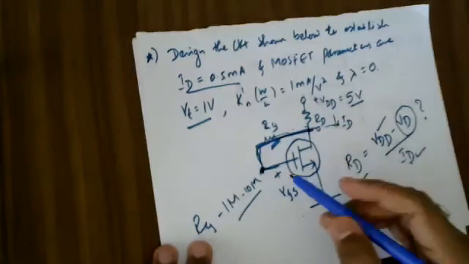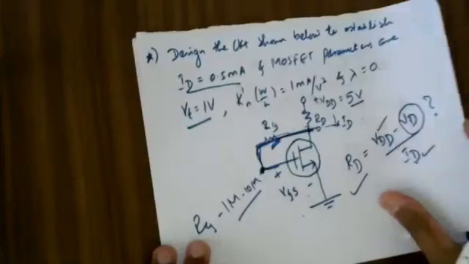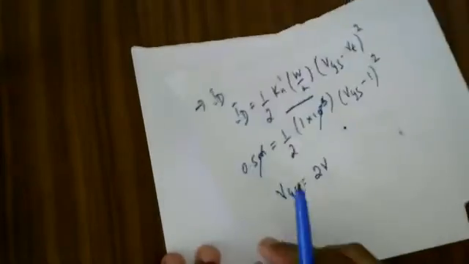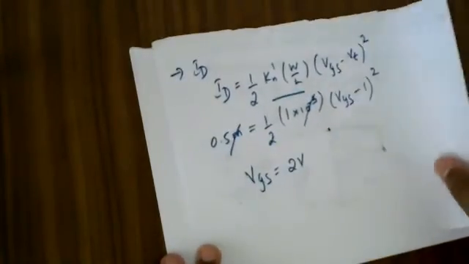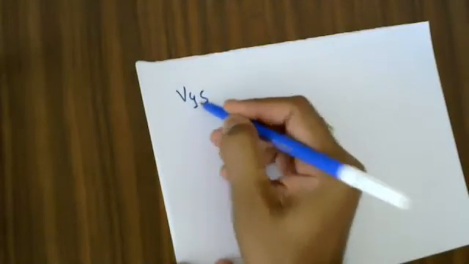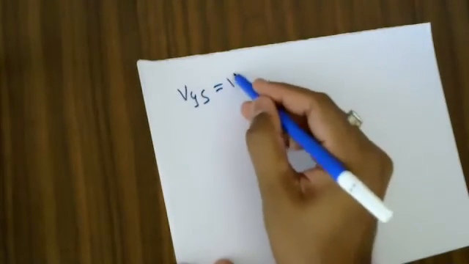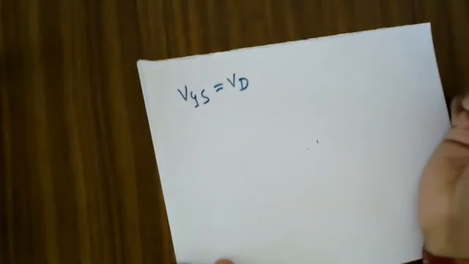So whatever is the potential of your VGS, same is the potential at VD.